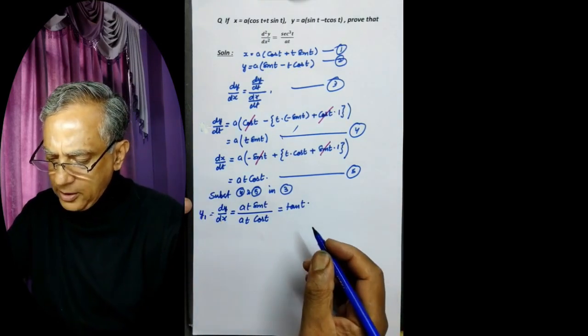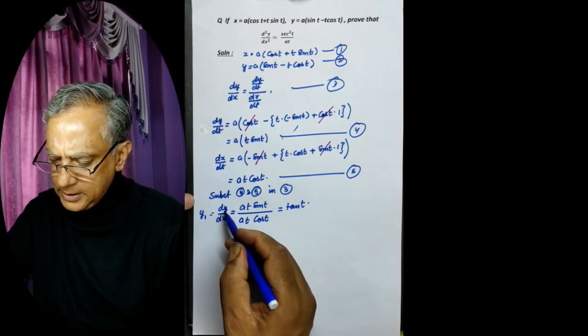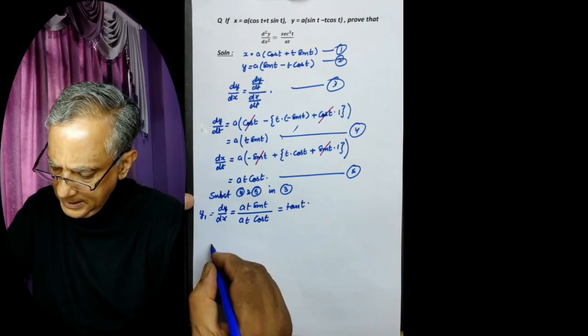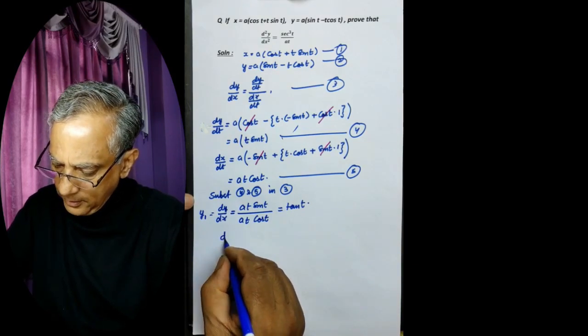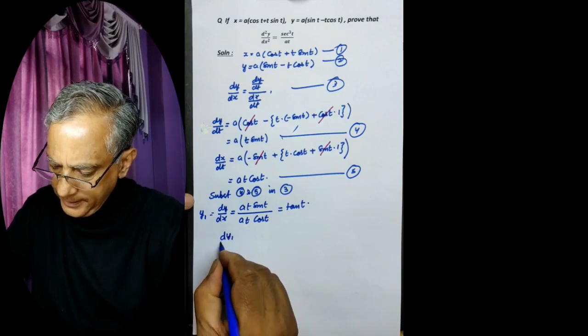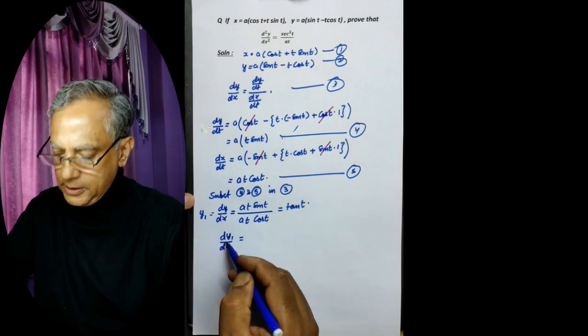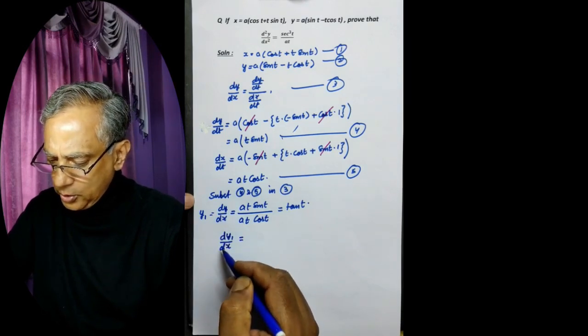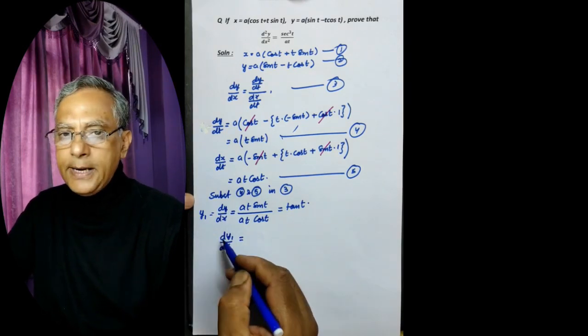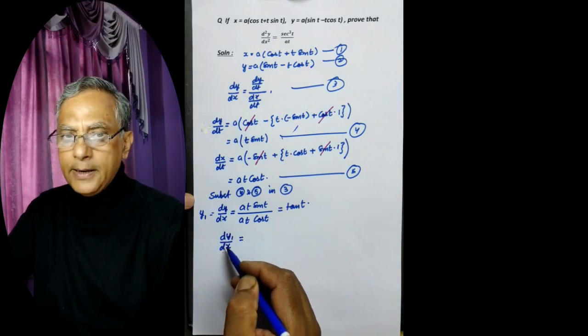Now we have to find the second order derivative of y with respect to x. So what we have to find is dy1 by dx. This will be the second order derivative of y with respect to x. So denote this by y1 and find its first order derivative.